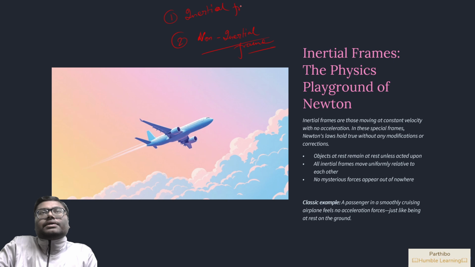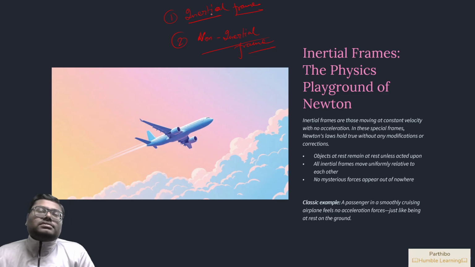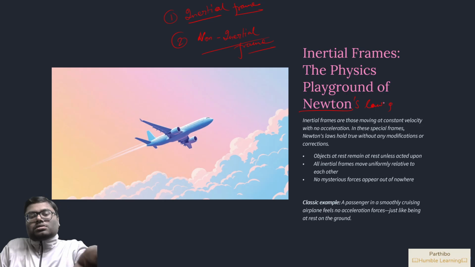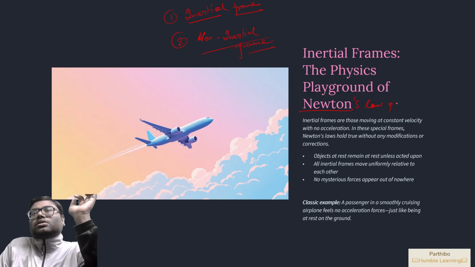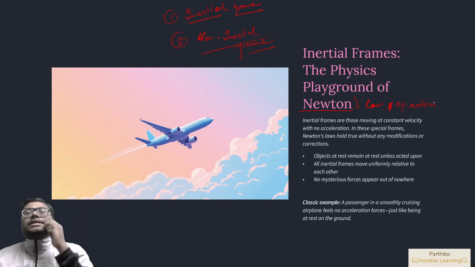The inertial frame is closely related to Newton's laws of motion. So how is it related to Newton's laws of motion?